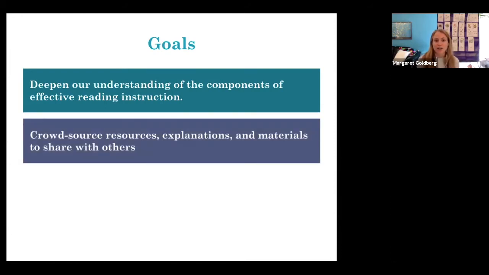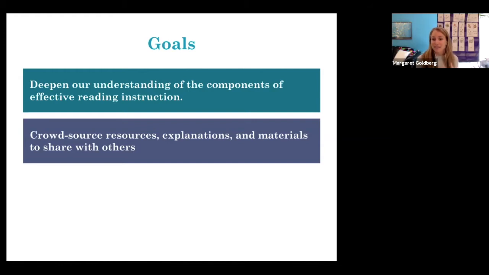Our second goal is to crowdsource some resources. So we want to work with you to make a collection of explanations and materials. One of the things that we found as coaches is that, yes, there's a lot of explaining that you have to do to other people.